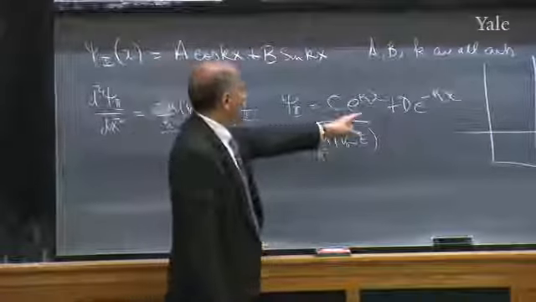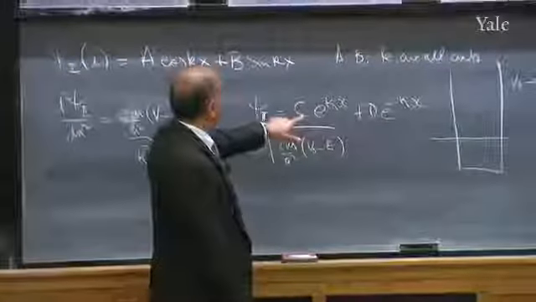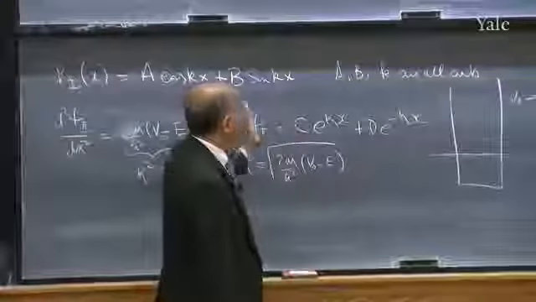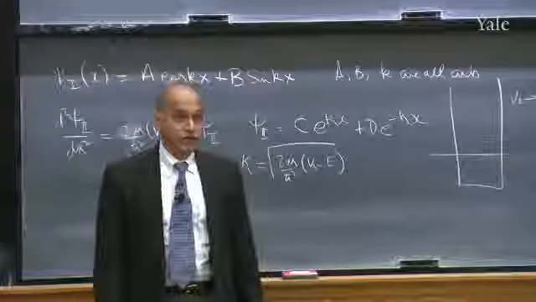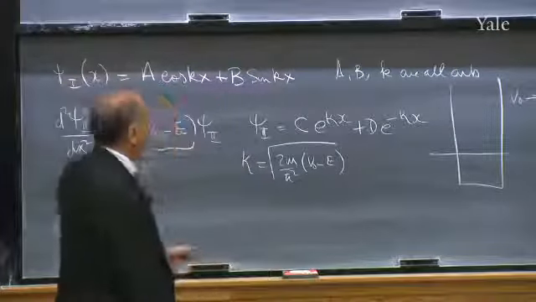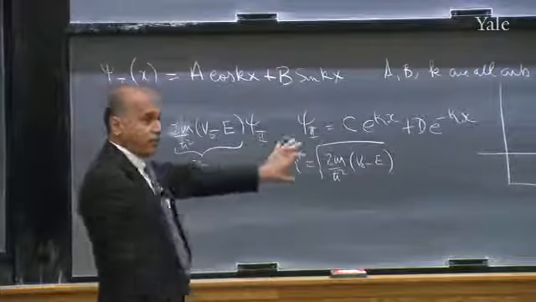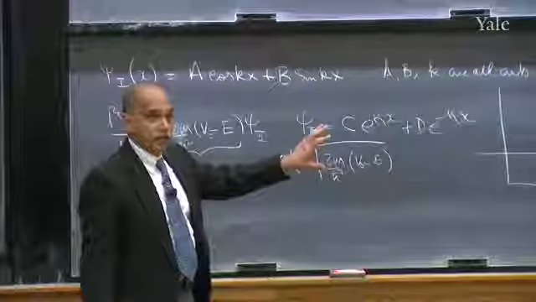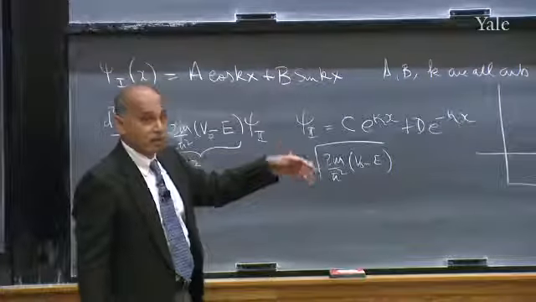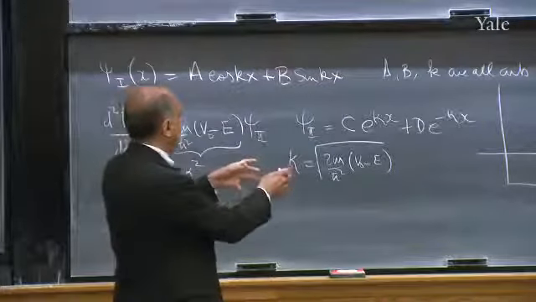Now look at these two functions. This function grows exponentially as you go to the right, to plus infinity. That means the wave function describes a particle that would rather be at infinity than anywhere near this well. So it's not the problem we are describing, where the particle we expect is somewhere near the well.